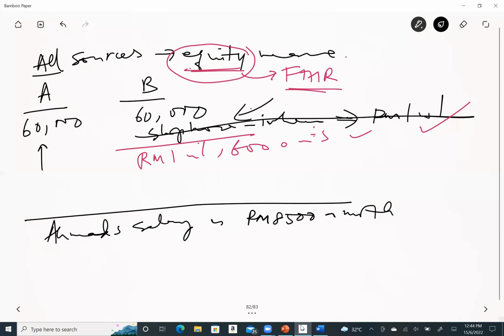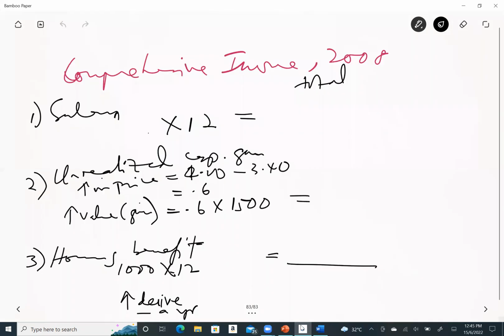Alternatively, Ahmad's salary is 8,500 a month. So the income from salary will be per year 8,500 a month times 12. You can do two parts.